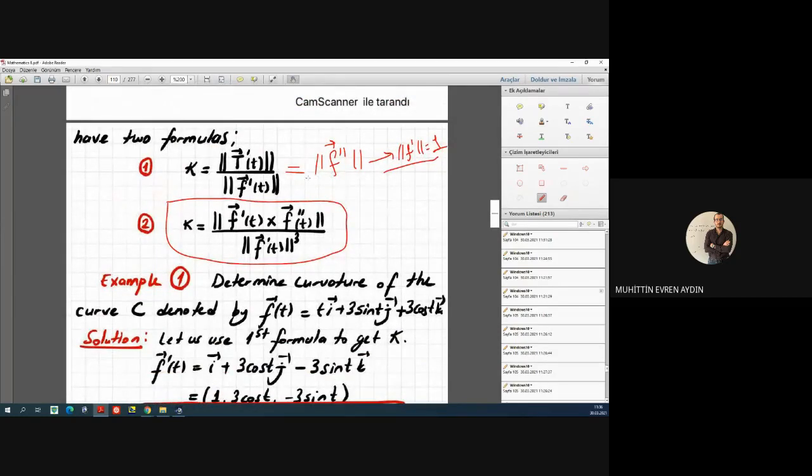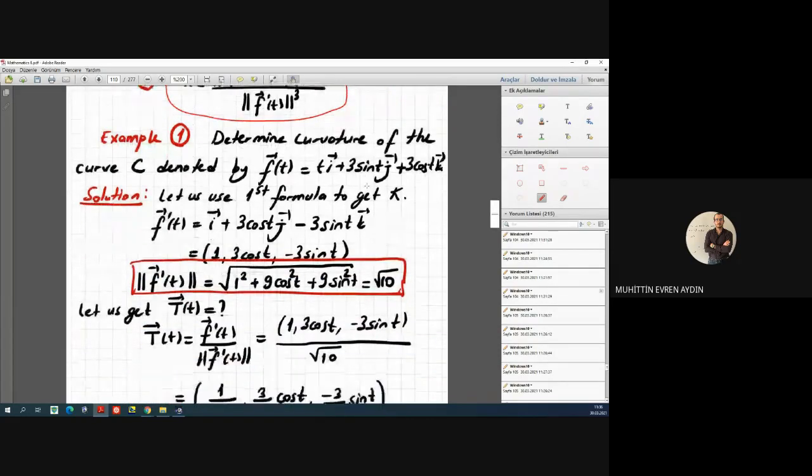By the way, here it is not equal to this one. Here it is yes. Of course, in this case it reduces to directly the norm of the acceleration.